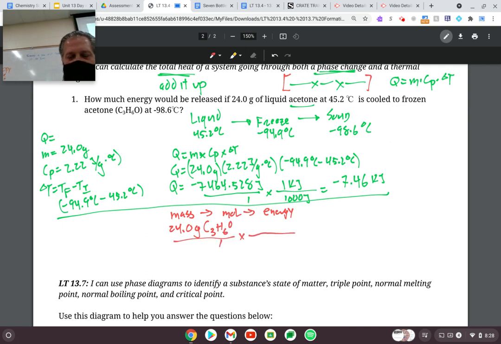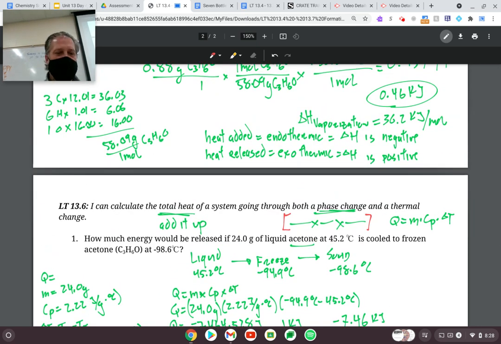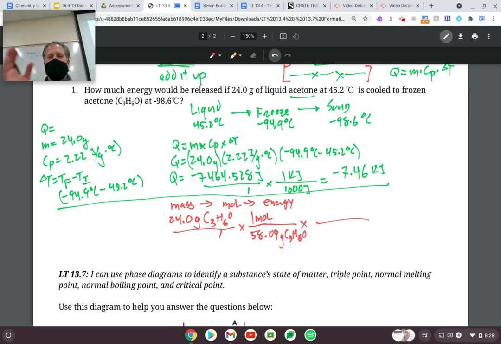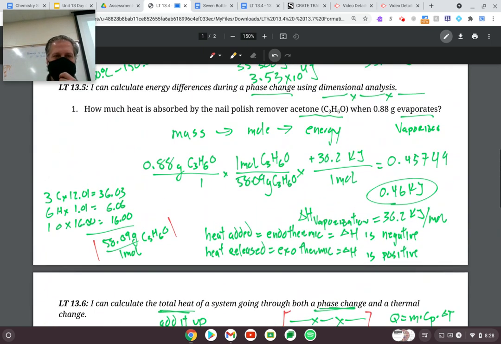And then I'm going to go to moles, and then I'm going to go to energy. Now, in this problem, I've already calculated the molar mass of acetone from up above, so I'm just going to remember that the molar mass of acetone is 58.09. So I'm going to put that right here, 58.09 grams of C3H6O in 1 mole.